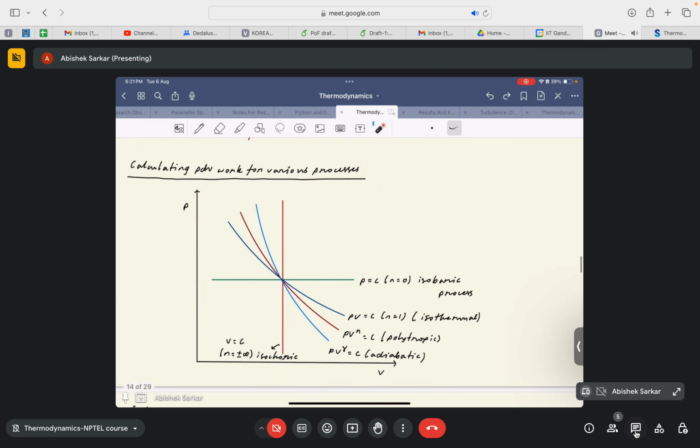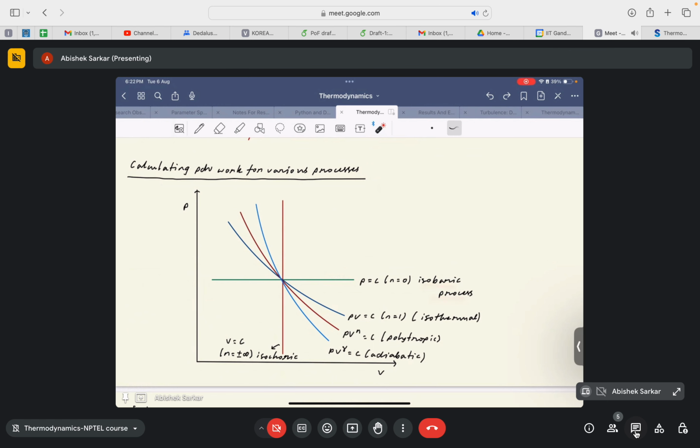So now we will be dealing with the evaluation of PdV work for different types of processes. These lines of different colors show different types of processes. The green curve shows the line for the constant pressure or isobaric process.